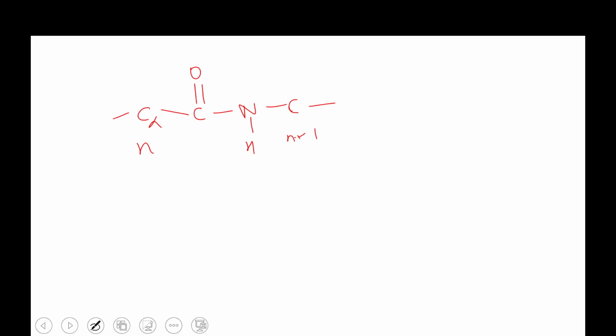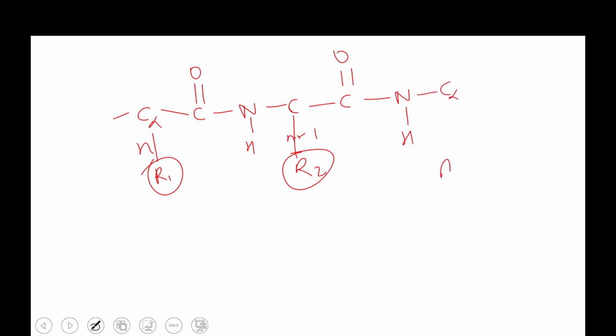This is the alpha helix I am drawing here, and the R chain is associated with it. Again a C alpha, which will be N plus 2, and then we come to N plus 4, with CONH.